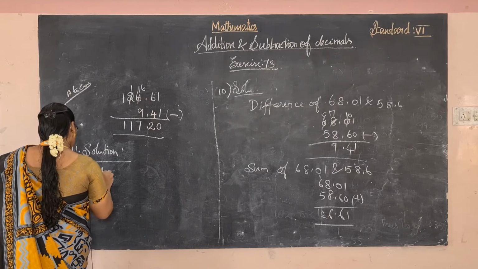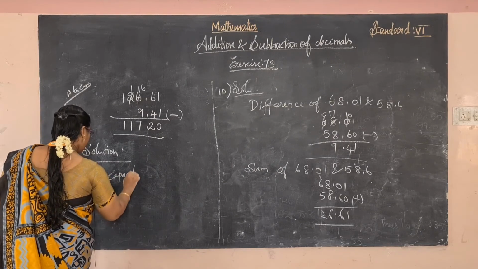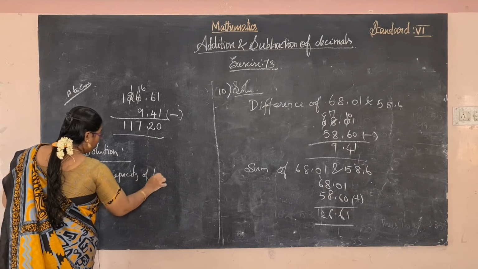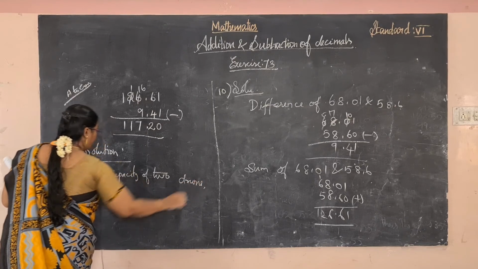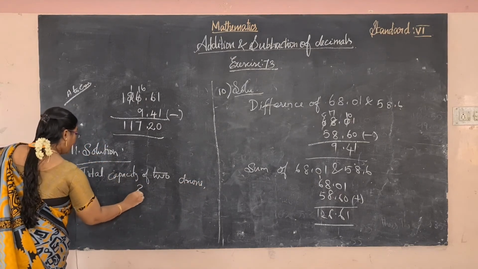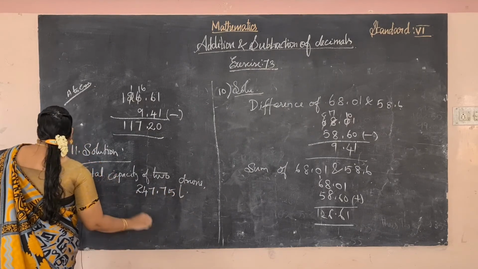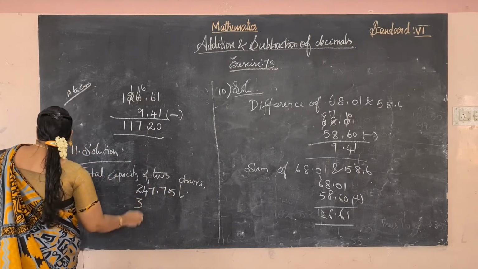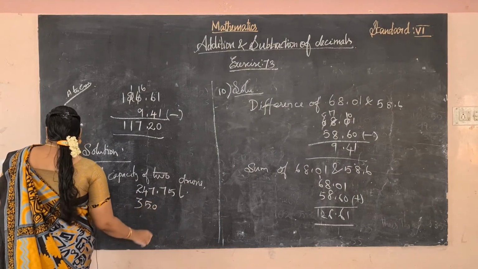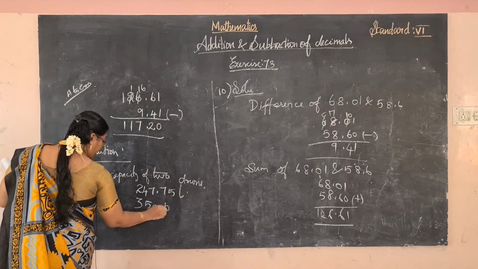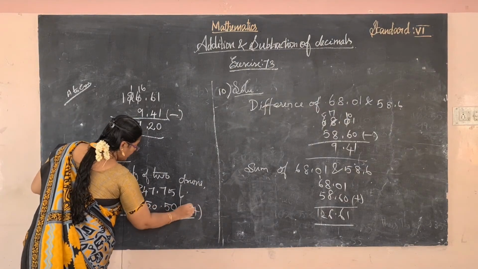Total capacity of 2 drums. What are the 247.75 liter, and next one the given 2 statements in like decimals. Okay, so no need to change to like decimals. The given statement is correctly given. Okay, now just add these two values.